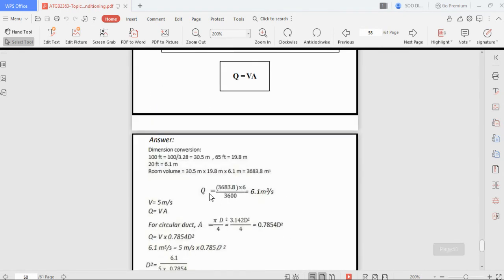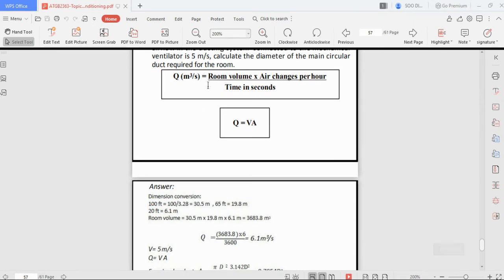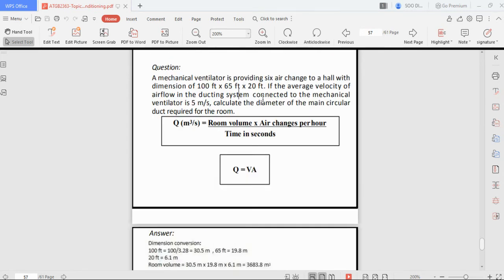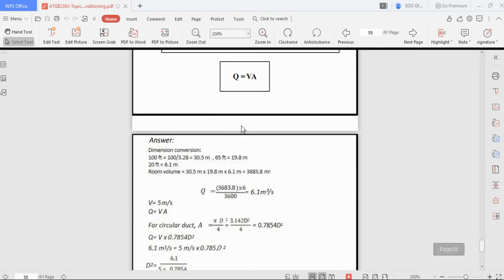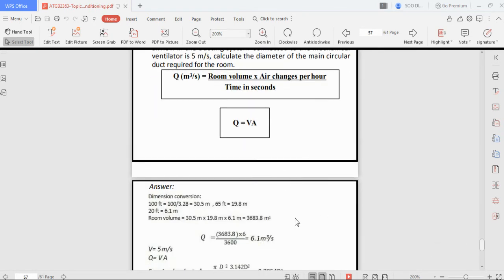So here, you apply this formula because you know that Q is this value and you need 6 changes of air per hour, and time in seconds. This is in 1 hour because air changes per hour is 6 times, and you want to change it to seconds because your mechanical ventilator is 5 meters per second. So you want to convert everything into seconds.